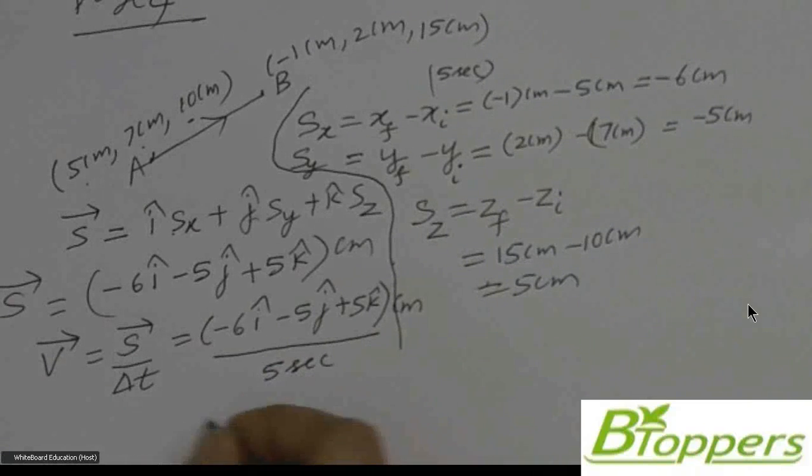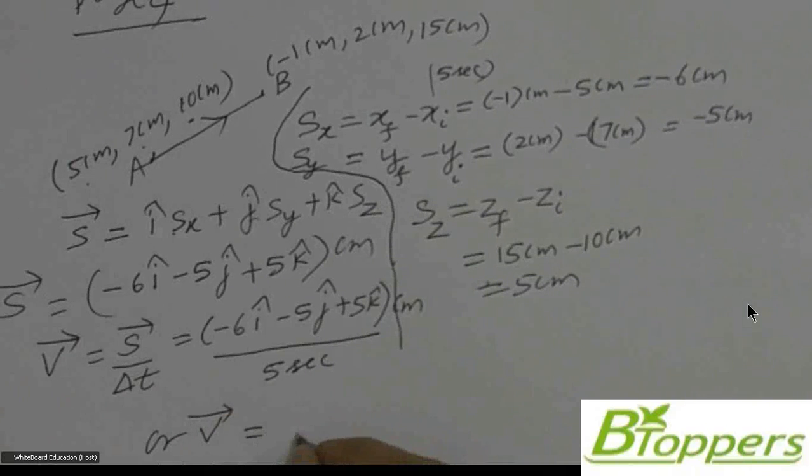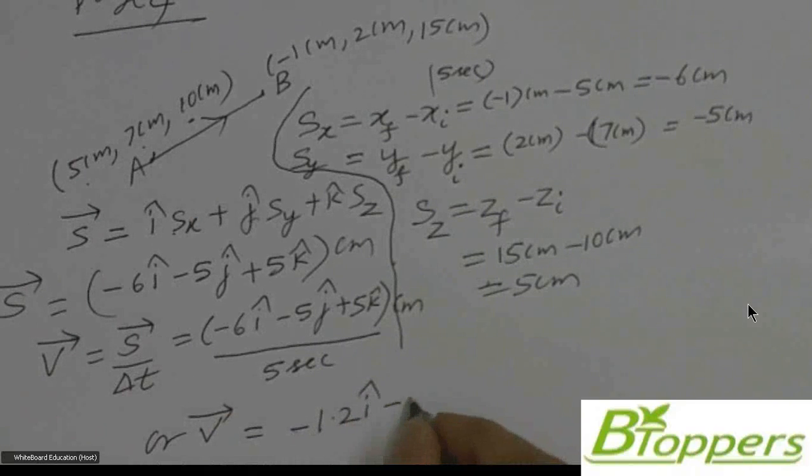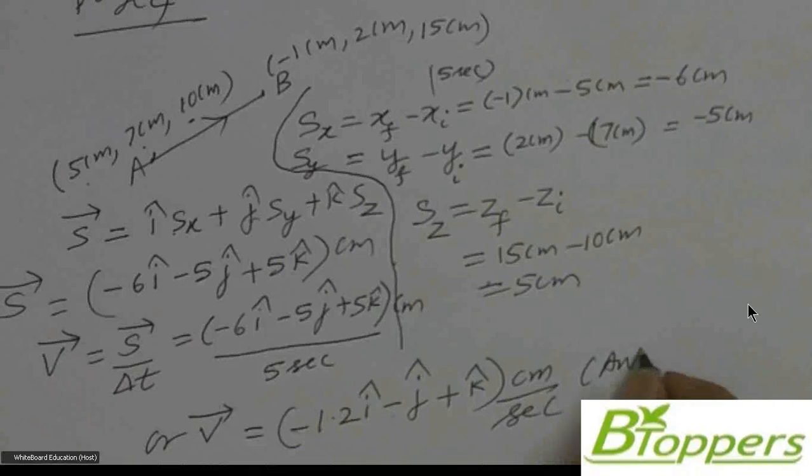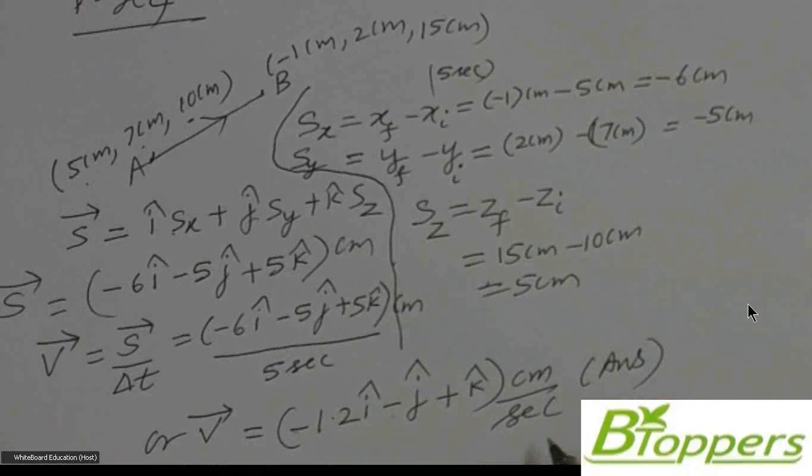So you get the answer as -1.2 i cap minus j cap plus k cap centimeter per second. That's the answer. In case you want to copy the solution, you can take a pause and copy it.